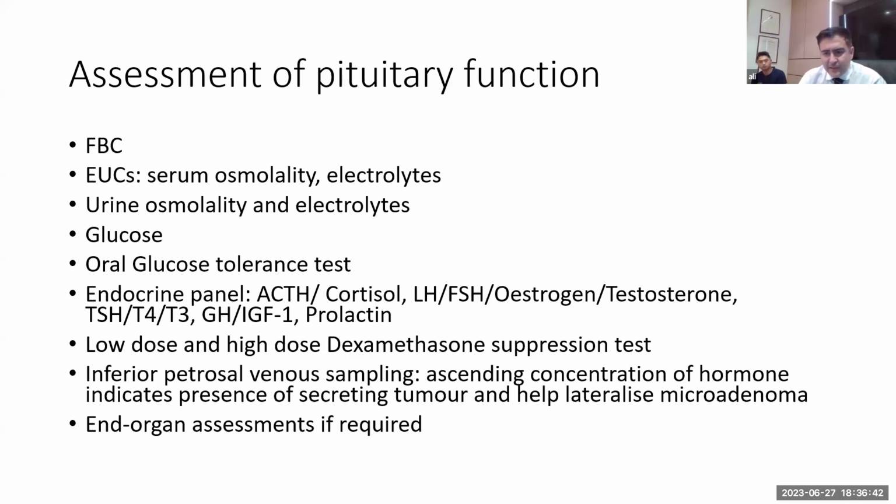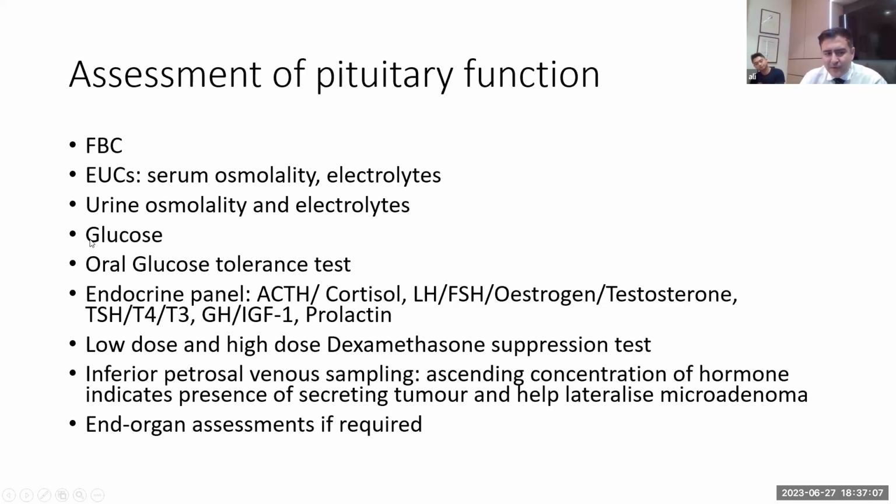You can have diabetes insipidus or syndrome of inappropriate ADH that can result in swings or decreases or increases in sodium and osmolality. And alongside EUCs, we have urine osmolality and electrolytes. Patients with certain forms of pituitary tumors, particularly Cushing's and acromegaly, can develop diabetes.